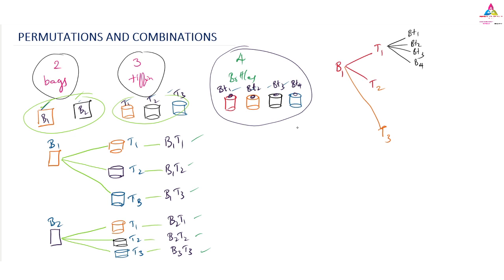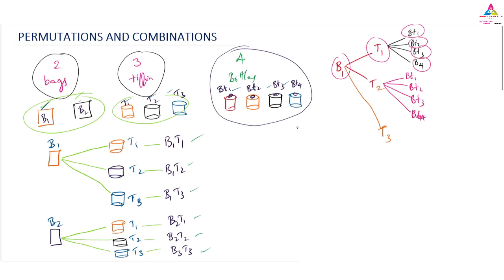Now again here also we have other choices. What is that choice? Again we will have BT1, BT2, BT3 and BT4. It means I can go for bag 1, first the tiffin box, and then bottle 1 or bottle 2 or bottle 3 or bottle 4. Again 4 choices.